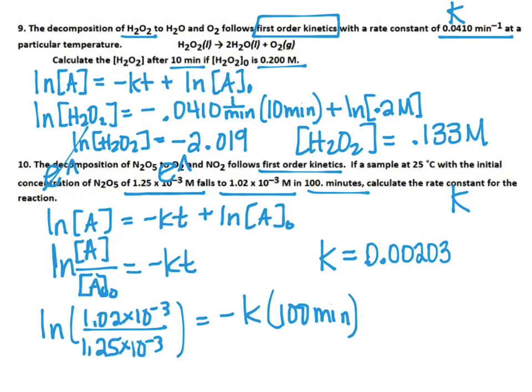So our overall order is what? 1. 1 minus 1 is 0. So my unit is 1 over time, or minutes to the negative 1. Everybody good? Let's do the last one, and then we're going to go to the graphing.